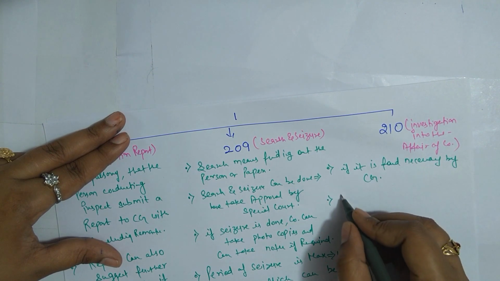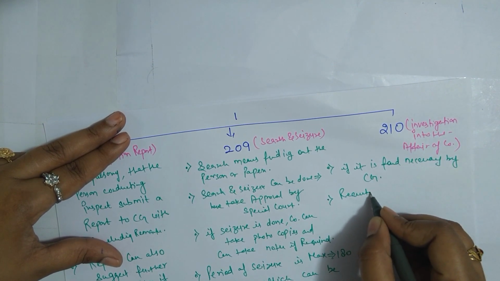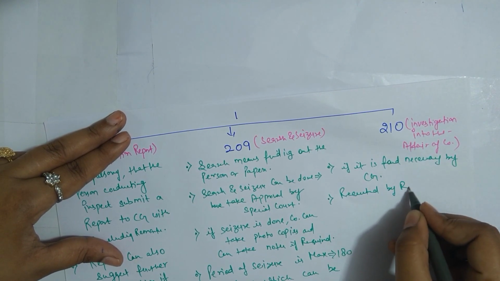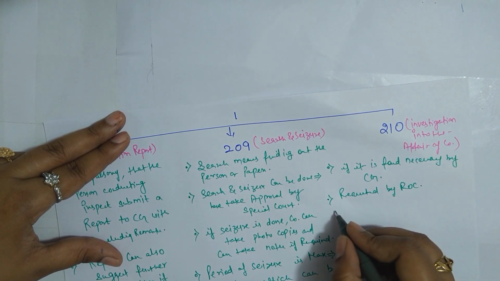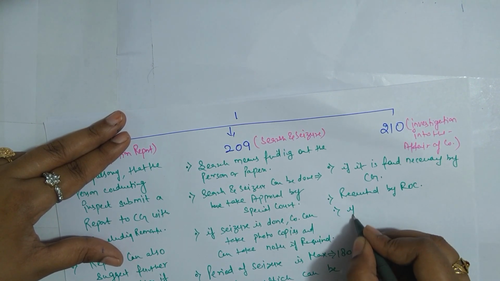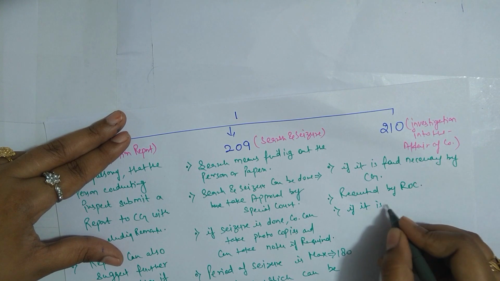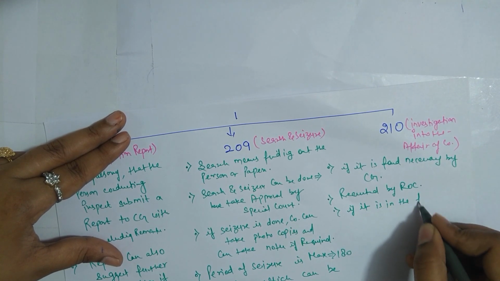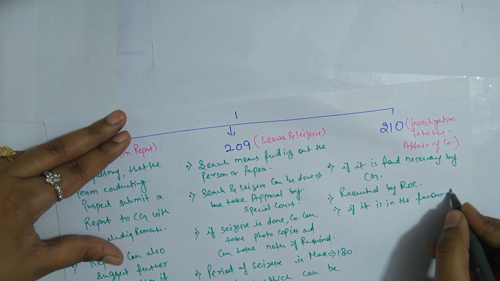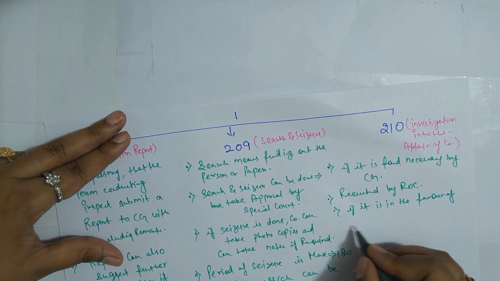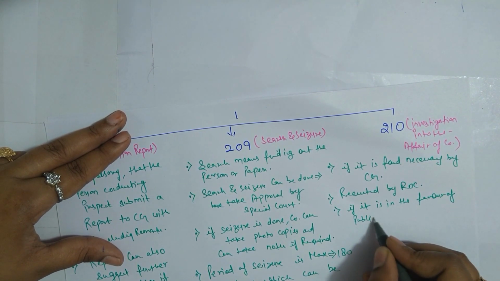Second, it is requested by ROC, and one more thing, if it is in favor of public interest.